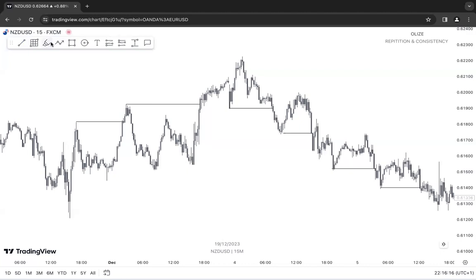Where's my highlighter? We should note the difference between major break of structure and minor break of structure.